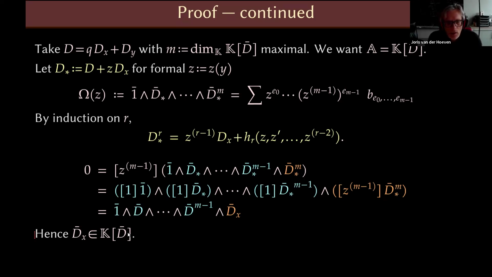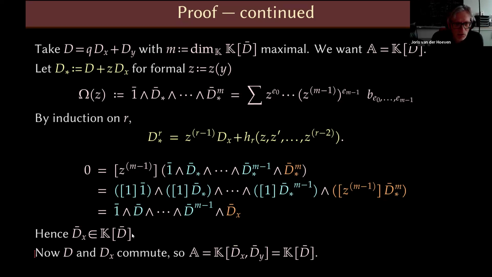And if dx is generated, well, since the d that we see here commutes with dx, basically dy is also in this thing. So basically the whole algebra is getting generated. Okay, this is a little bit technical, but this completes the proof.